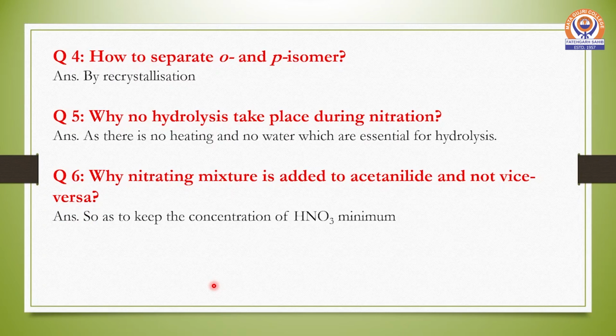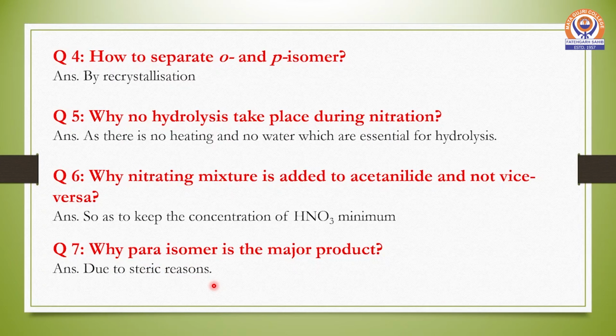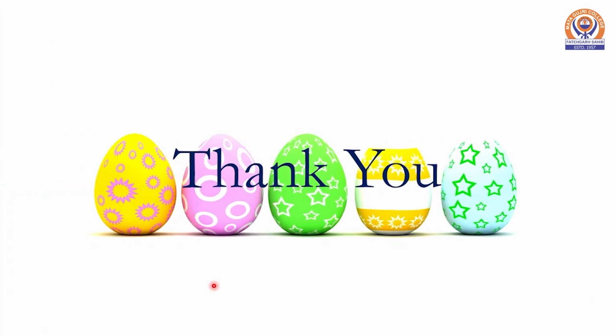This is to keep the concentration of HNO3 to a minimum. And why is the para isomer the major product? That we have already seen in the mechanism, that it is due to steric reasons. The approach of the nitronium ion at the ortho position is restricted due to steric reasons given by the acetamido group. Thank you very much.